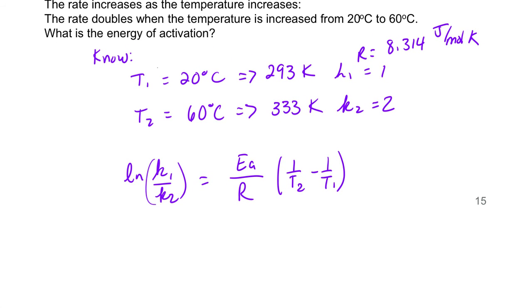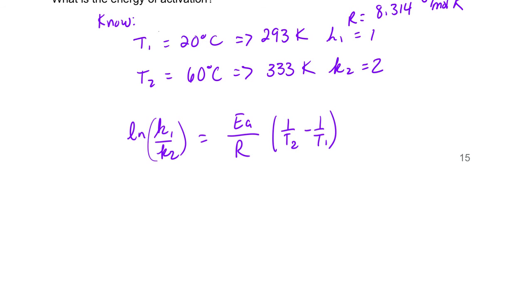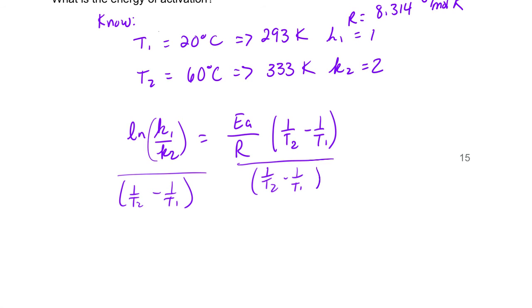So we can set our equation equal to the activation energy. So I'm going to divide both sides by 1 over T2 minus 1 over T1, and multiply both sides by R. That's canceling R on the right-hand side and 1 over T2 minus 1 over T1 on the right-hand side as well.